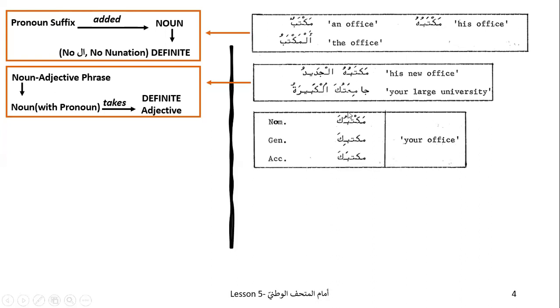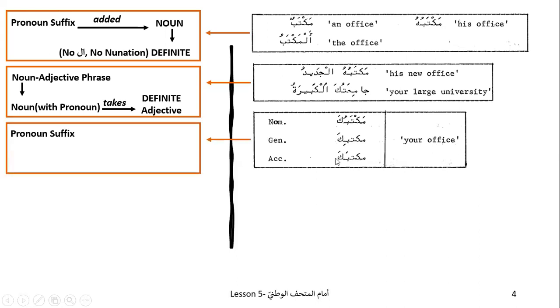Now over here you see the three cases: maktabuka, maktabika, and maktabaka. Your office, but in rafa', nasb and jarr forms. Over here you see when the pronoun is added to a noun, it is added after the case ending. That means the pronoun is coming after the u, i, a, the case ending, the last harakas.